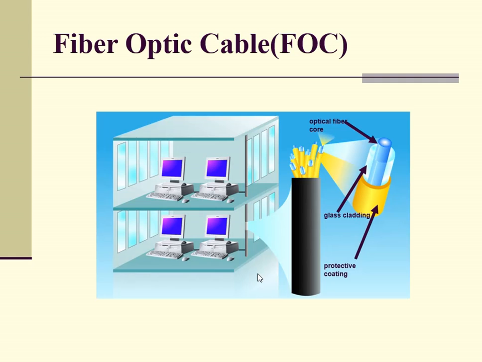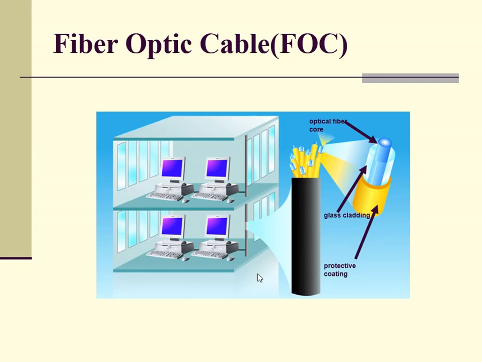Now, moving to FOC, fiber optic cable. Fiber optic cables are light carrying, that is, they transmit data in the form of light. FOCs are very thin glass or silicon tubes. FOCs have very high bandwidth. Besides the channel, a light source and detectors are used.